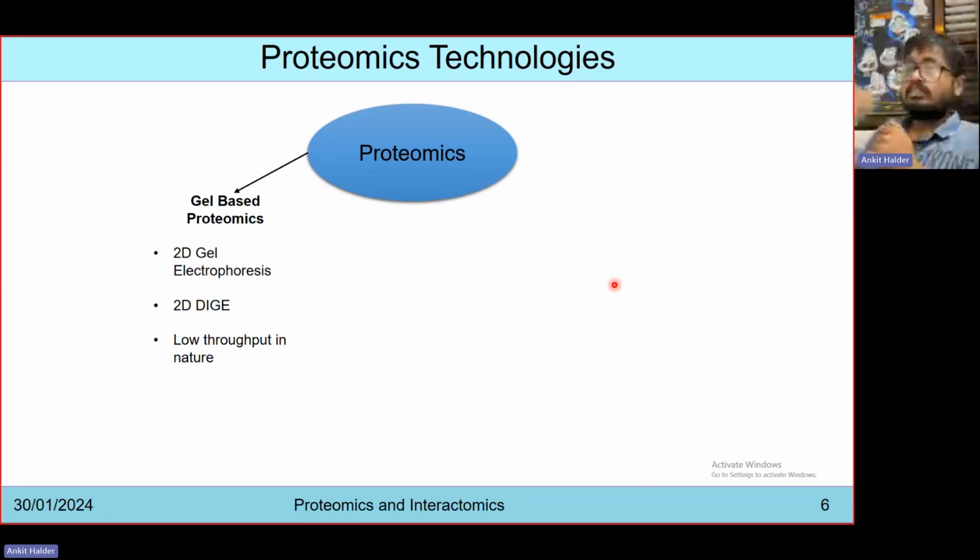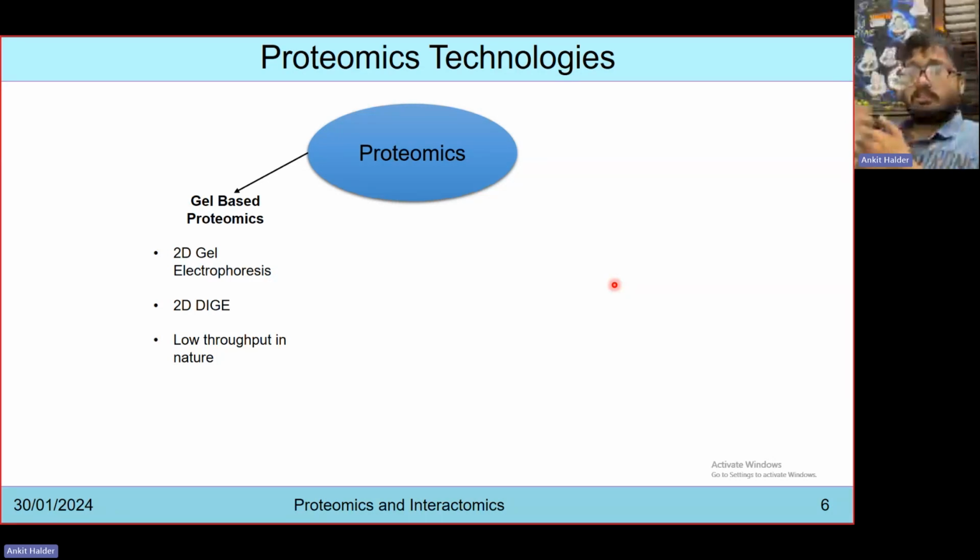One is always gel-based proteomics, which includes 2D gel electrophoresis, 2D DIGE, but the major problem is that it is definitely low throughput in nature.